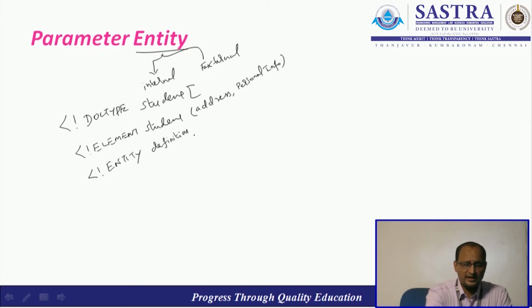So the entity definition I have given, and within double quotes we have to provide opening and #PCDATA. So once I have given it, wherever I want the PCDATA, there I can use this definition.